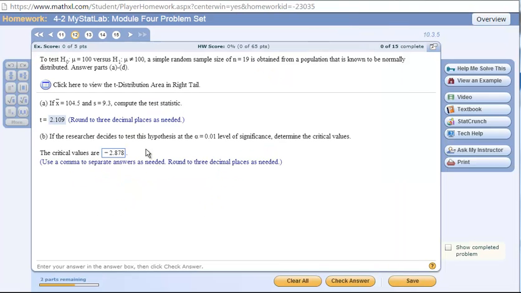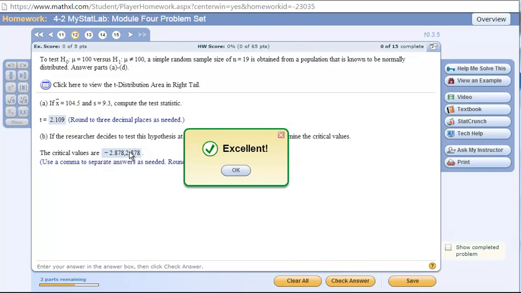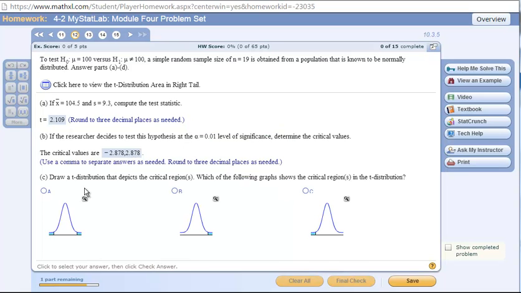They're asking us to put these in order. Let's see if that's right. Looks good.